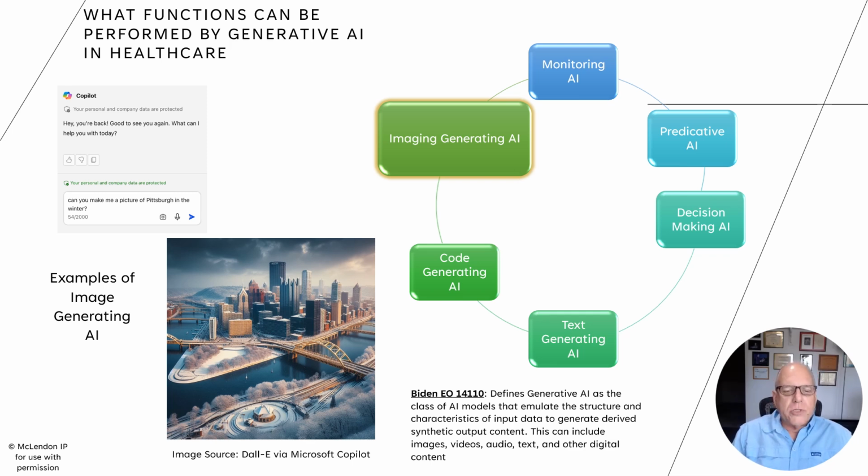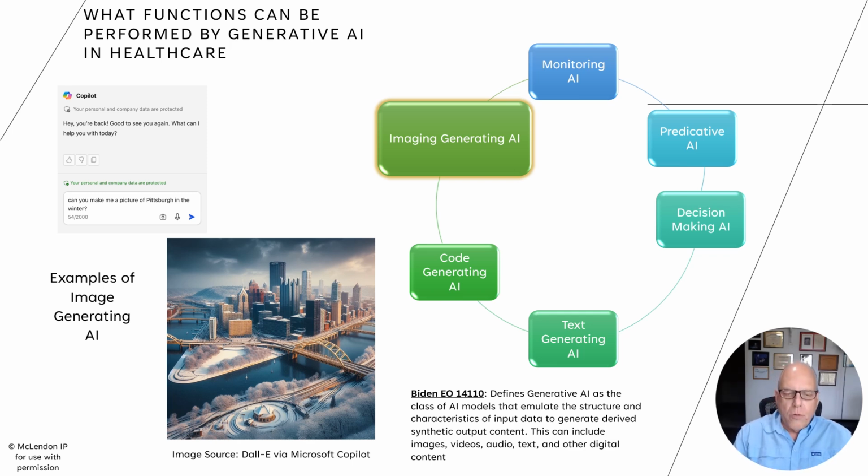Now, the Biden executive order, who knows whether that will be replaced with something else, defines generative AI as the class of AI models that emulate the structure and characteristics of input data, what you put into it, to generate a derived synthetic output, meaning I input a request about Pittsburgh in the wintertime and it output a picture.